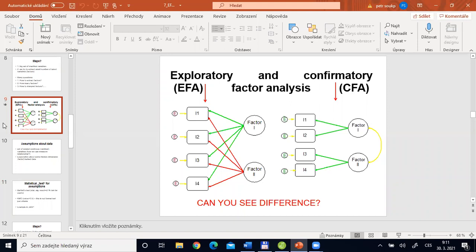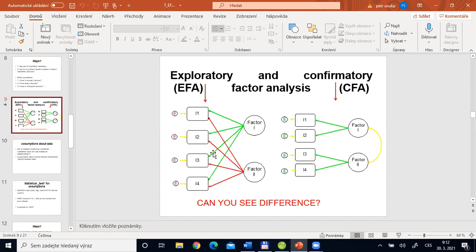So my question is whether you can see some difference and what this difference is about. I will try to describe these differences. First of all, as you can see on the left picture, in exploratory factor analysis I do not have any idea what the factors behind are, and I would like to compute all these relationships, all these lambdas.